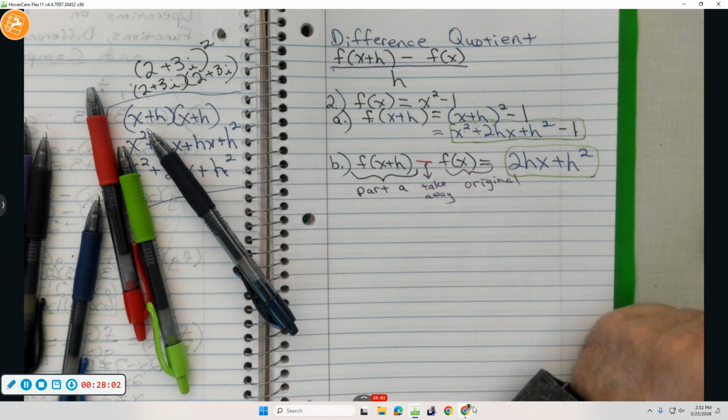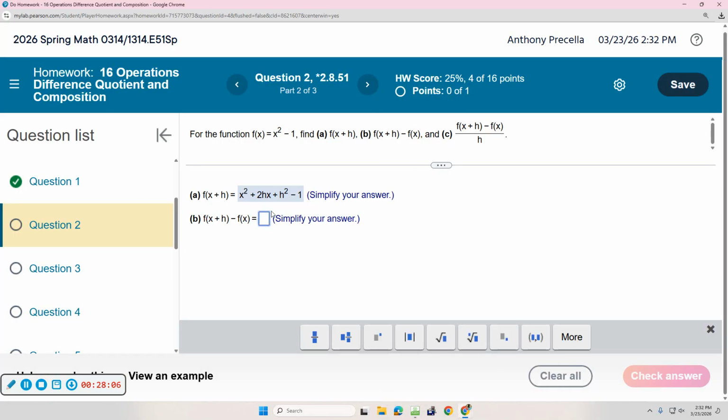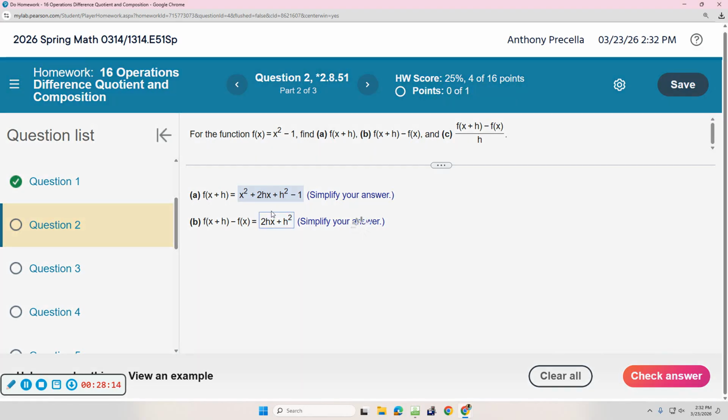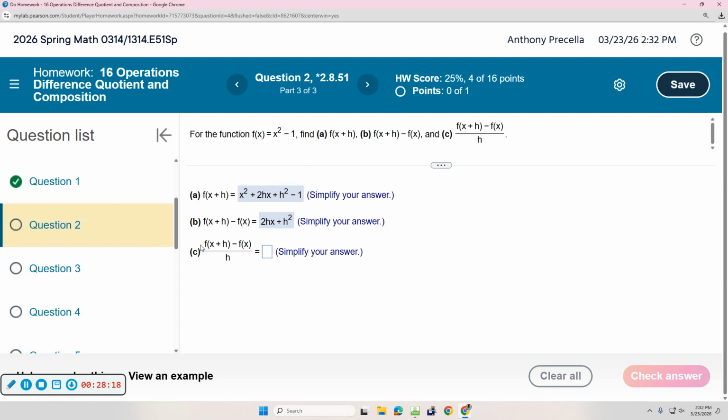Let's type in 2hx plus h squared. Now we're ready to take the answer we found in part B and divide it by this single letter h. This is part C.